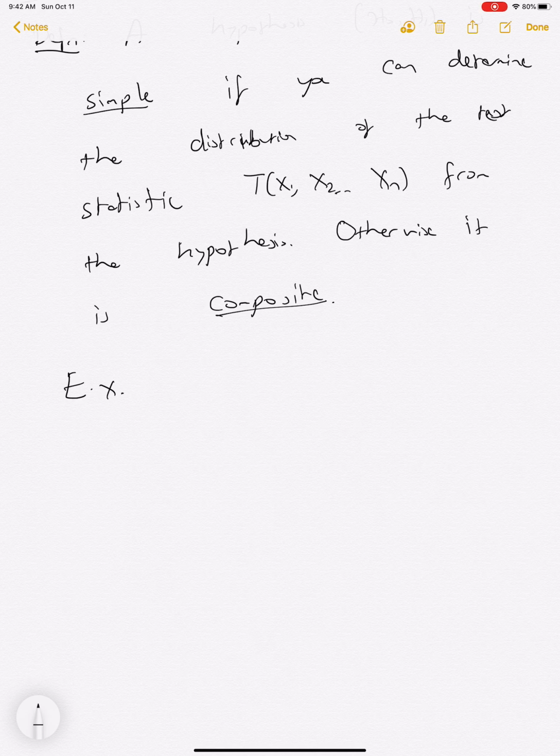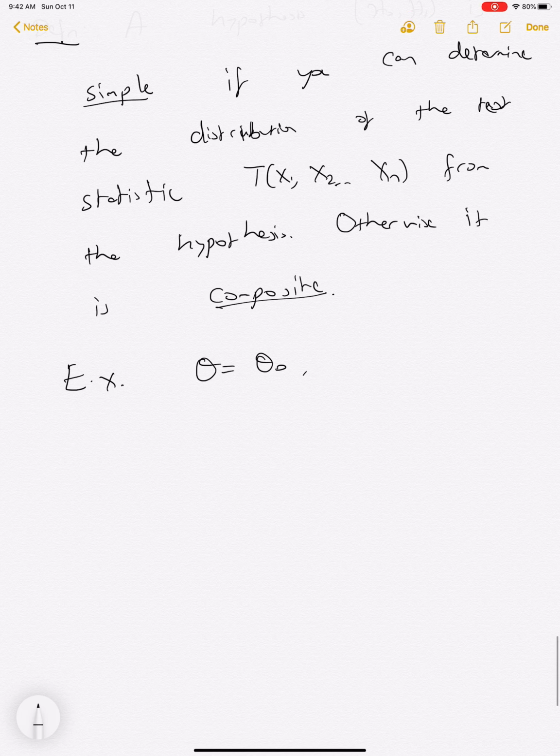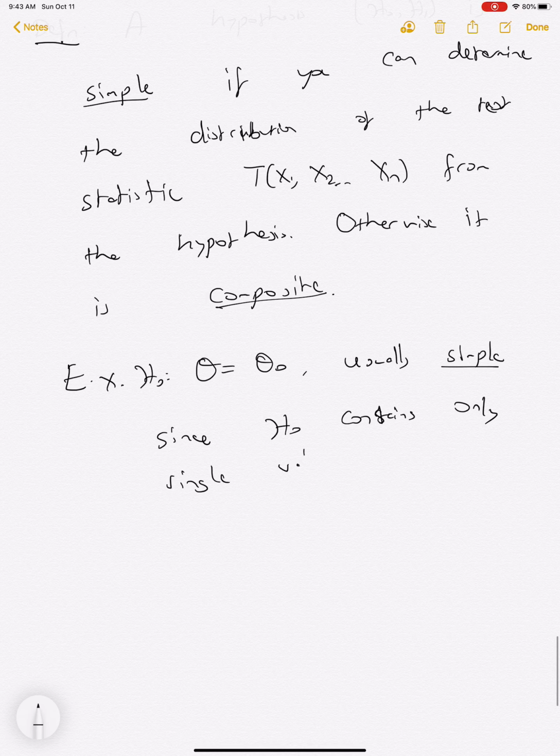So, if we look at, for example, theta equals theta 0, this is usually simple since H naught contains only a single value of theta.